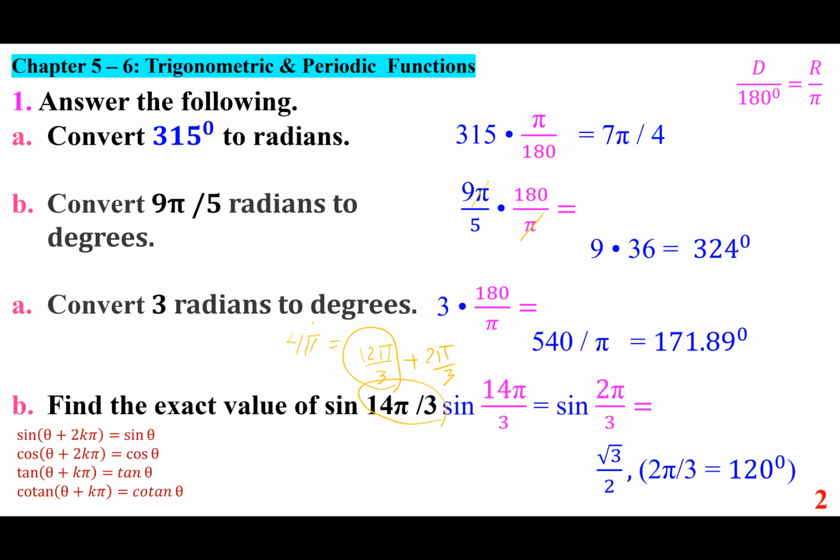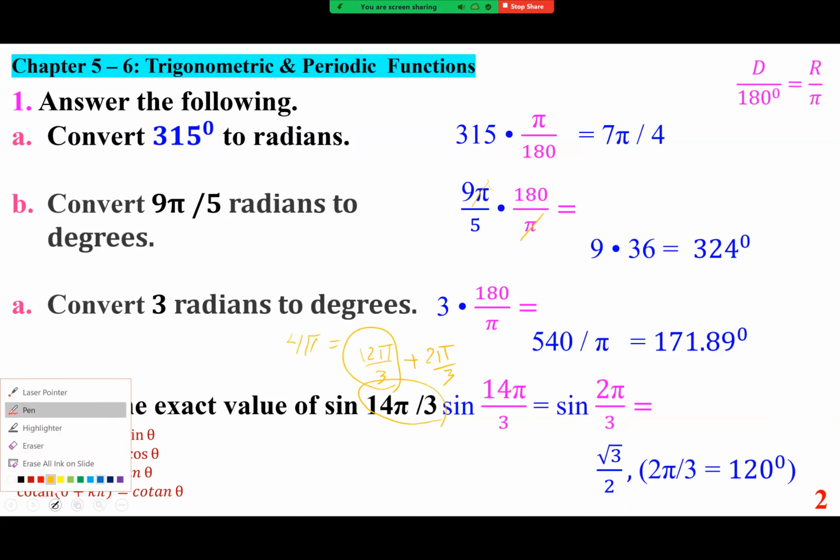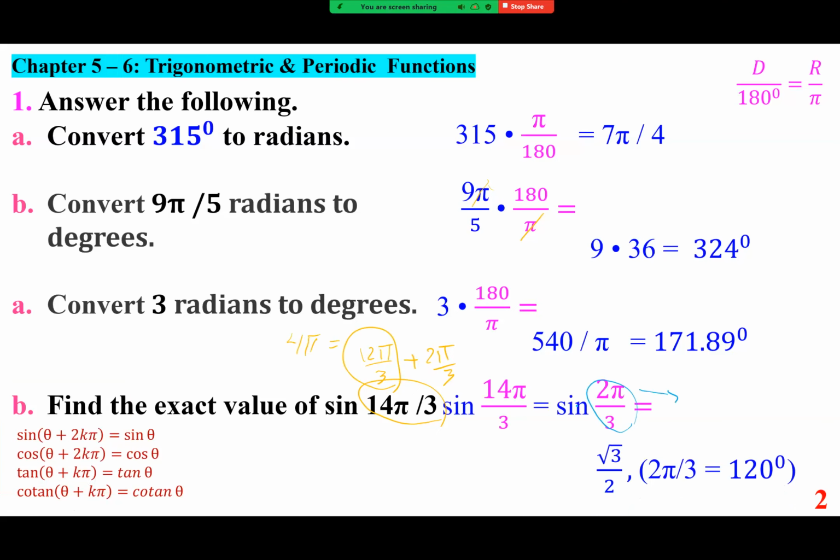The reason why: 2 pi over 3, or 120 degrees, sine is positive in the second quadrant. And as you can see, another thing I want to remind you, the reference arc, theta sub r, is pi over 3.